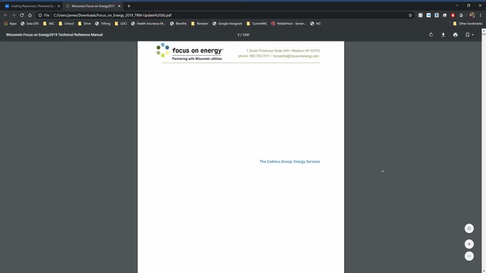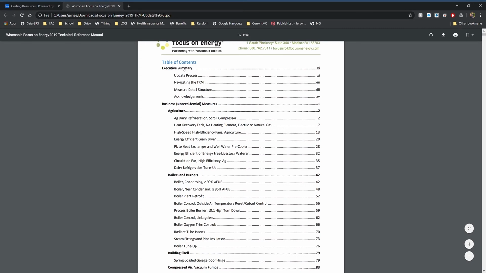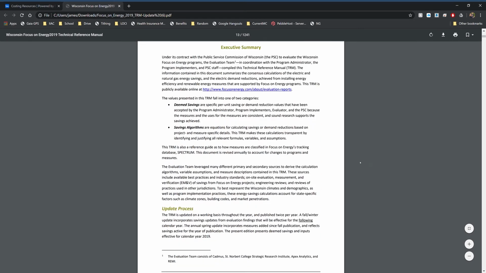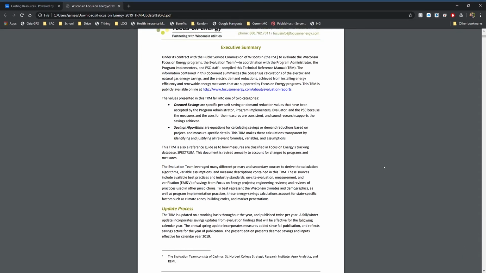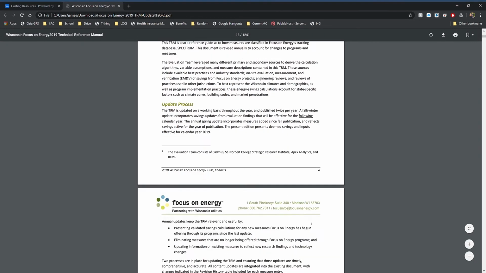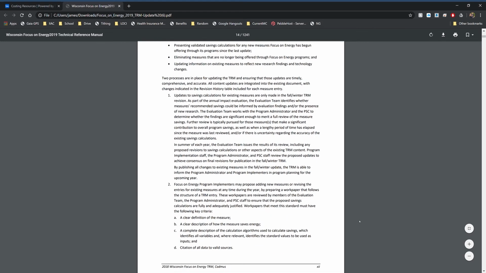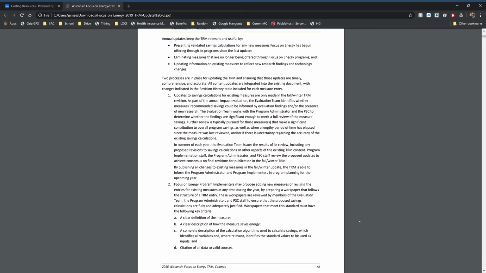We'll talk a little bit first about this executive summary. This is a really great place to come if you have questions on what some of the nomenclature in this document is. You're going to see deemed savings, savings algorithms, and then in each section there's a template, so each AR is presented in the same way.